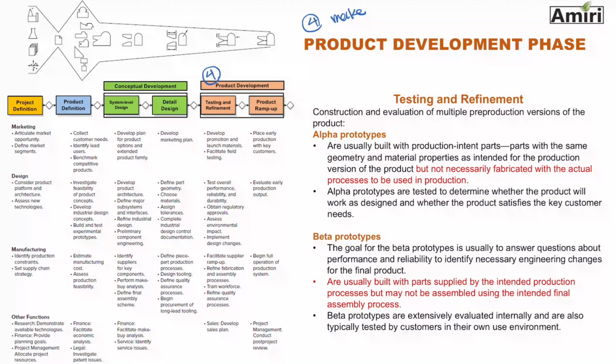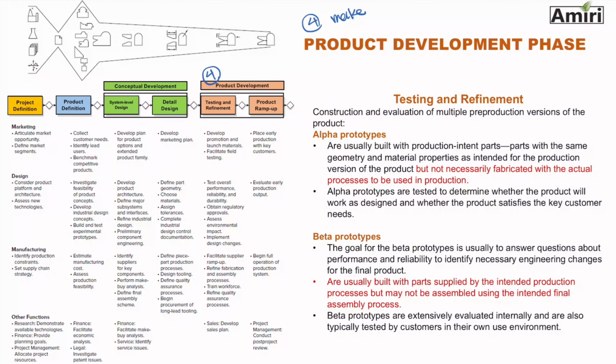alpha and beta prototype, usually one of them doesn't use the actual process that your product is going to be made with. The second one, the beta prototype, is made with the parts and with the manufacturing process, but maybe it's assembled by hand or assembled a little bit differently.